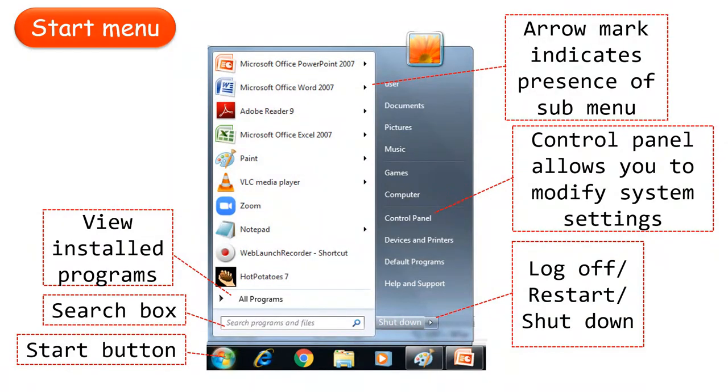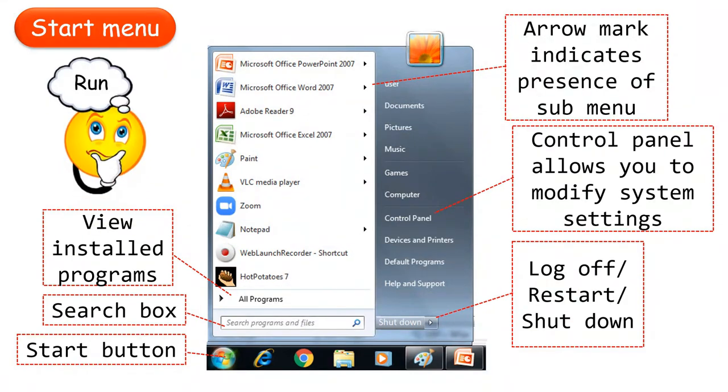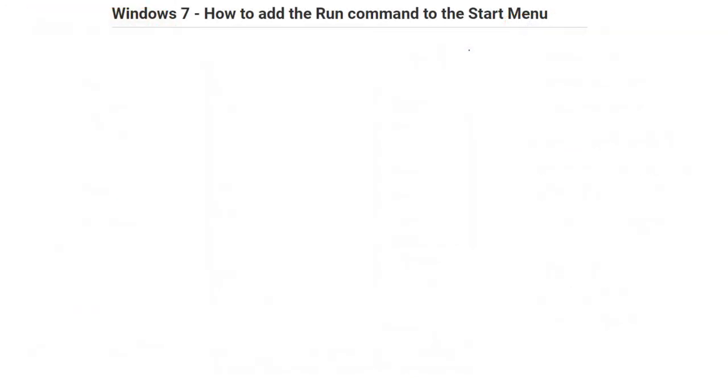The Start menu also has a command called Run, but it is not seen here. So where is the Run command? For that, first you have to follow these steps to add the Run command to the Start menu.